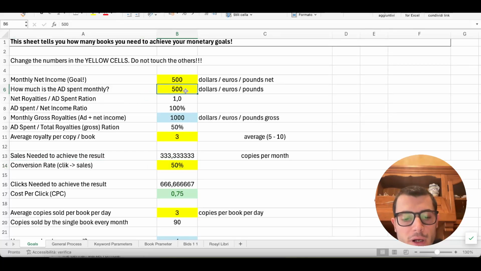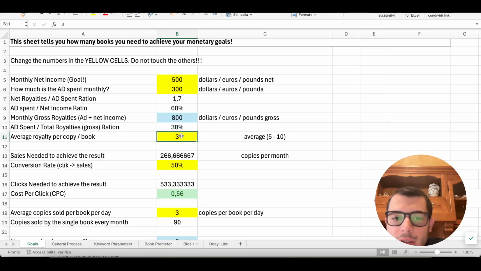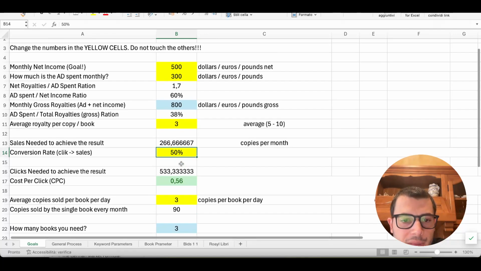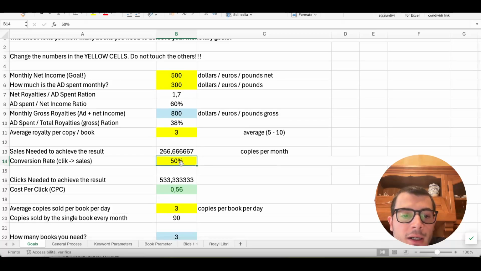And if you want to decrease this a bit, so you want to generate $500 net with $300, and you have a low royalty, you need to have a really high conversion rate. So let's say that you want to have 1 purchase every 2 clicks.